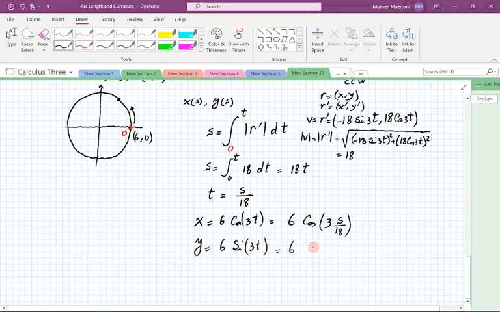Now it's 6 sine of, well, s over 18. If you want to clean it up a bit, 6 cosine of s over 6. And this one, well, 6 sine of s over 6.